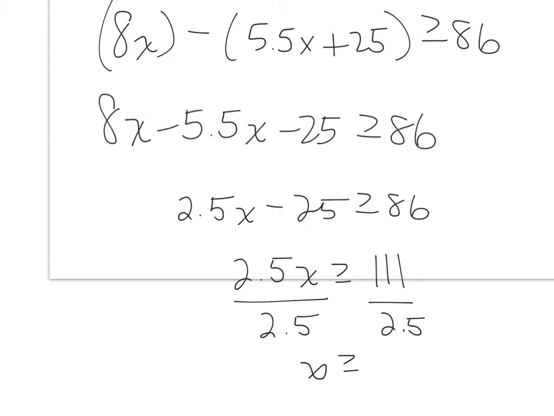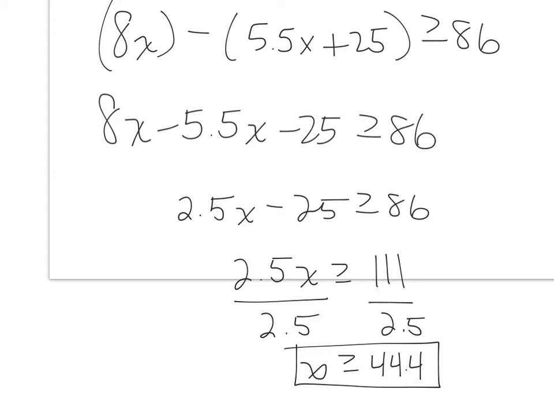What do you get? x greater than or equal to what? I got 44.4. Yeah. Now, Jeffrey, I want you to continue this question, and answer, can we say that there are 44.4 as our answer? Is that reasonable? So at least how many calculators do we have to sell? 45. 45. All right?